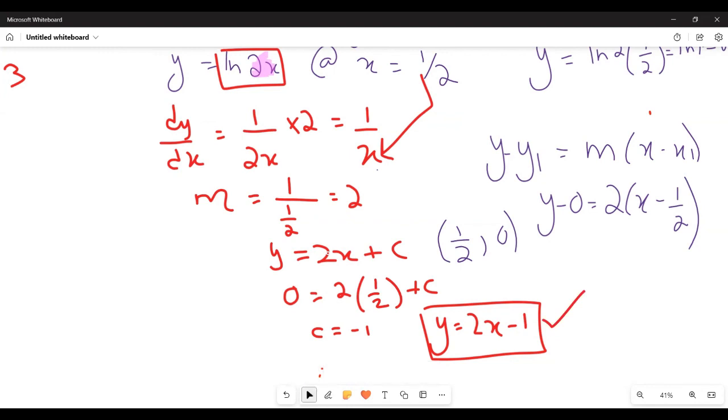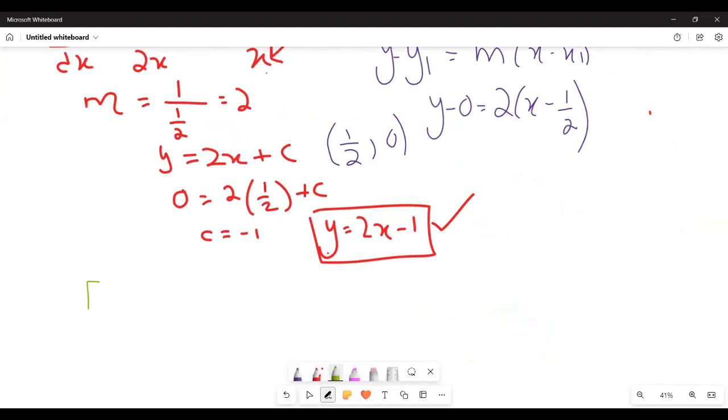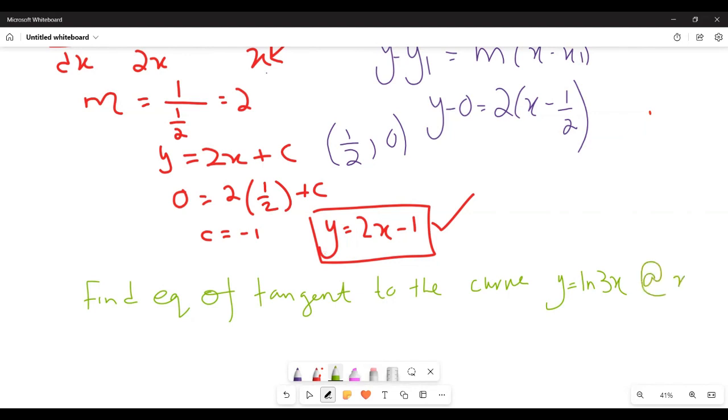Okay. Another question. Find the equation of the tangent to the curve y equals ln 3x at x equals e.